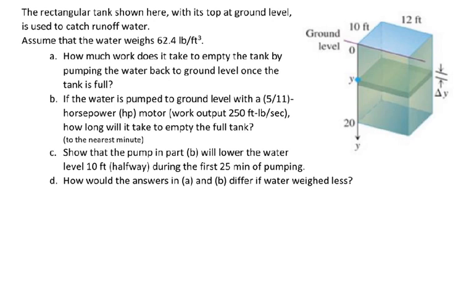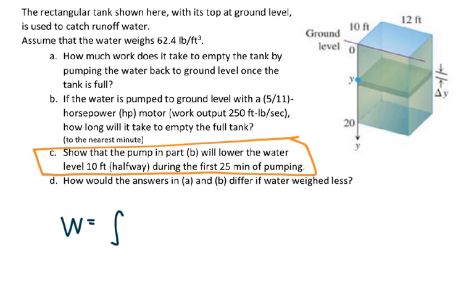All right, let's move on to part C. We want to show that the pump will actually lower the water level halfway during the first 25 minutes of pumping. In order for us to do this, we need to know the work required to empty the tank halfway. And that's going to be the same integral that we just used, but instead of 0 to 20, that entire distance, we're going to say 0 to 10, about halfway.